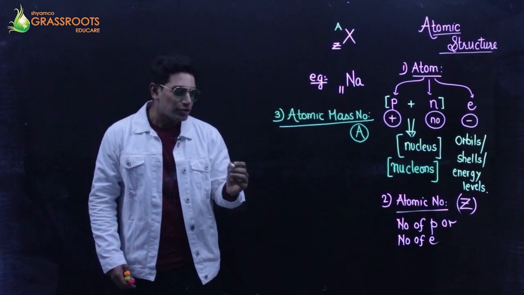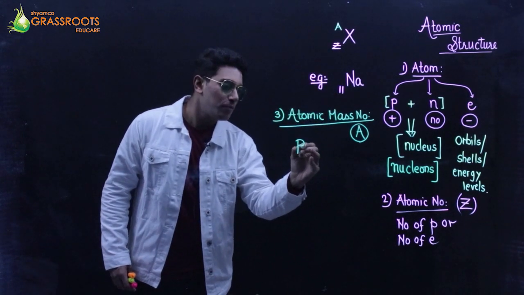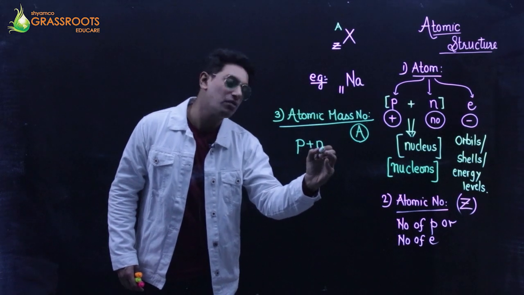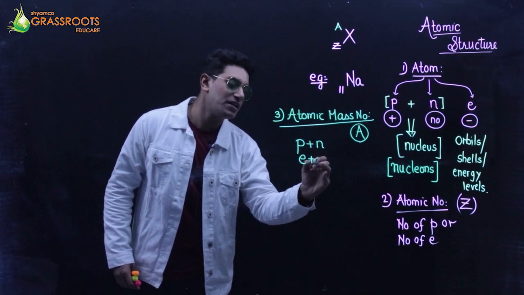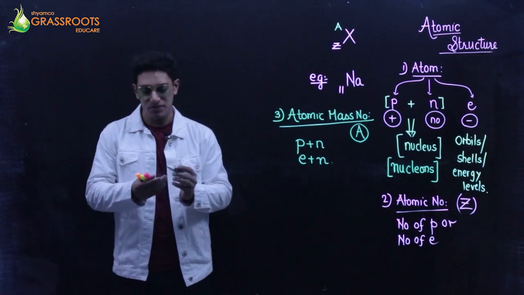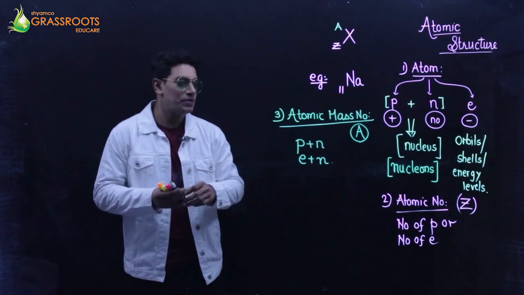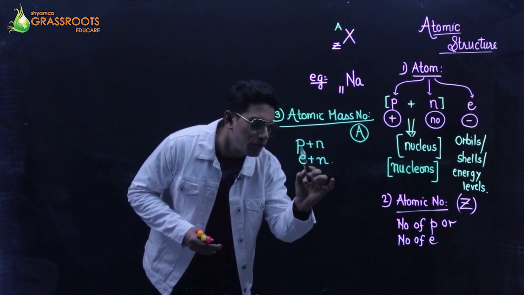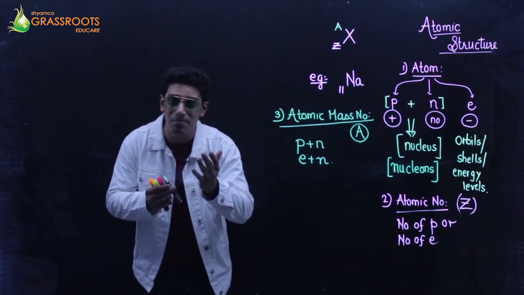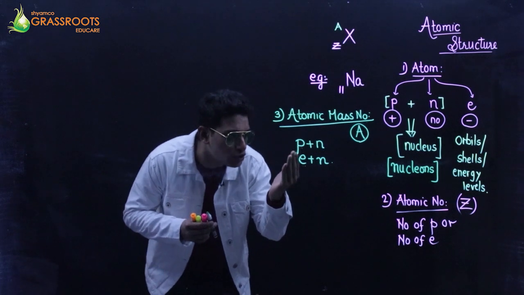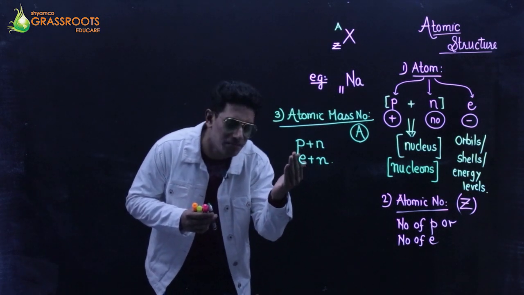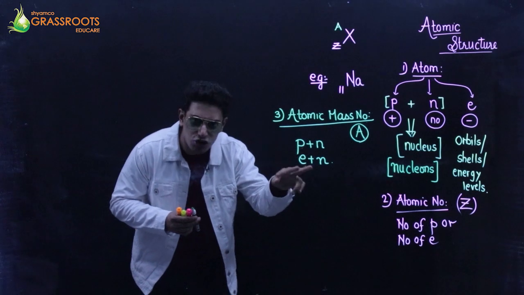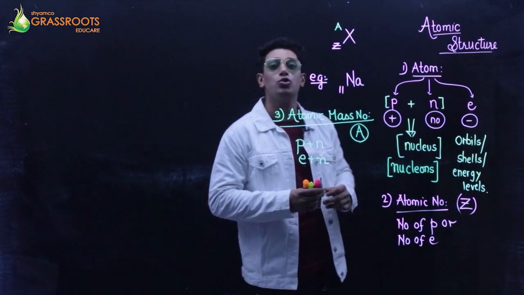The mass number is the number of protons plus neutrons, or you can say electrons plus neutrons. Simple language. Because the number of protons and the number of electrons in an atom will be the same. So if there are 11 protons, obviously there are 11 electrons. So the difference is going to be in neutrons.